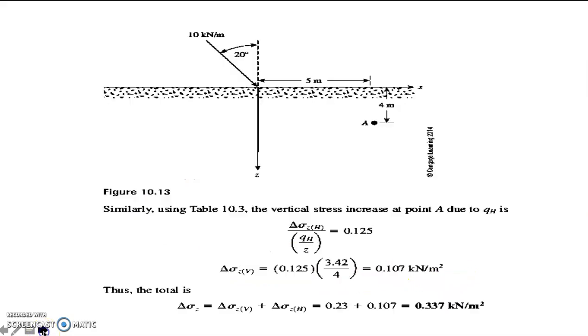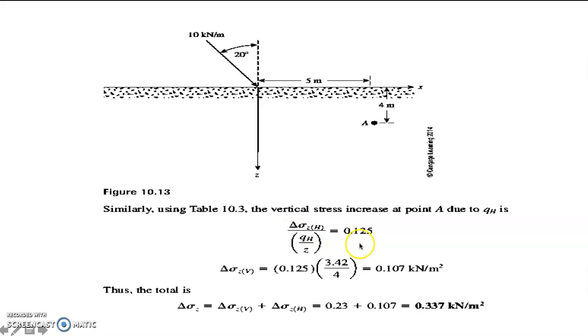Now we get our vertical stress at point A due to the horizontal line load Q sub H. So based on table 10.3, we don't have 1.25, we only have 1.0 and 1.25. You do the interpolation so that you can get this value, that is 0.0125.